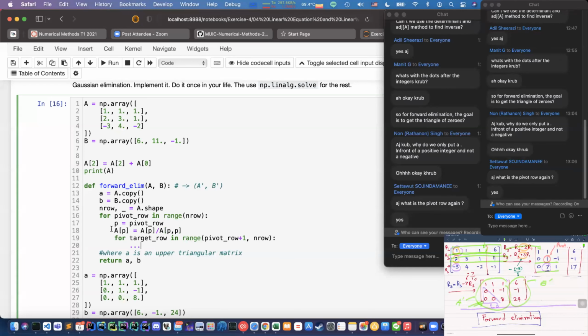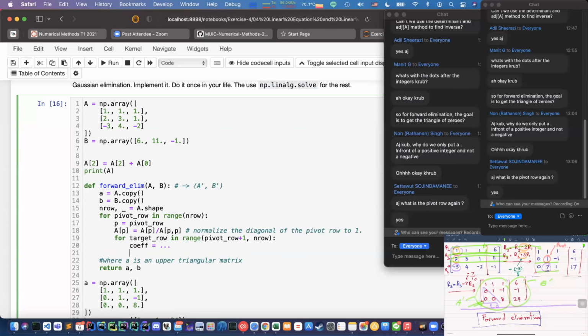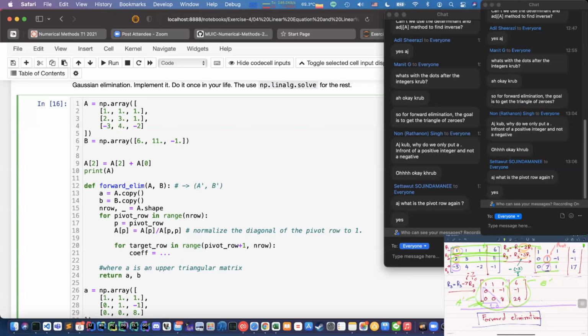The first thing is to normalize the diagonal. You don't really need to do this, but if you do, then your life is much easier. And once you do this, do not forget to do the same thing for the other side.